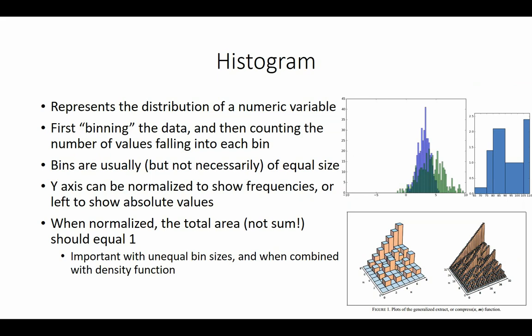Another kind of graphics that is very common is the histograms. So a histogram is basically just a distribution of one numeric variable, like you see here. The way this works, we take just one variable and we do what is called binning.